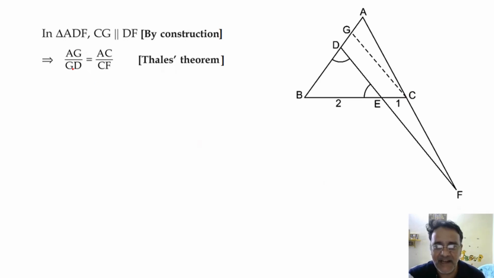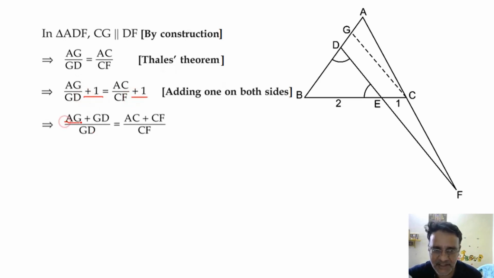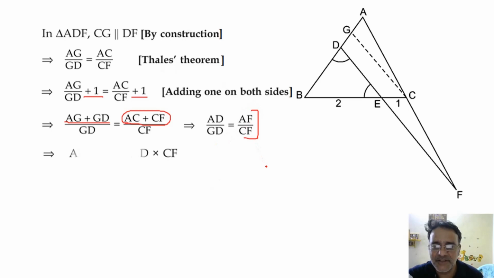Right? नहीं, फर्स्ट हम लोग 1 ऐड करेंगे, उसके बाद LCM लेंगे. सो AG प्लस GD हो जाएगा AD एंड AC प्लस CF हो जाएगा AF. So AD upon GD will be equals to AF upon CF.